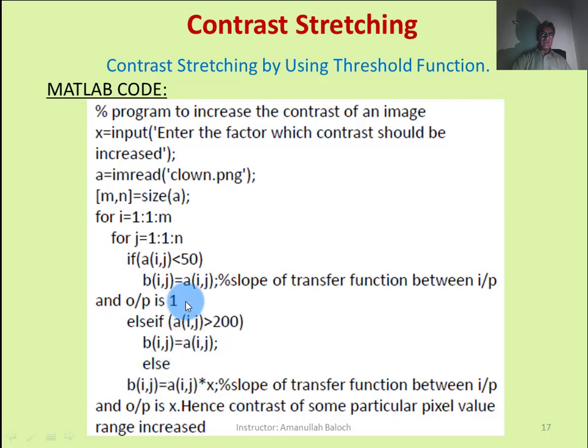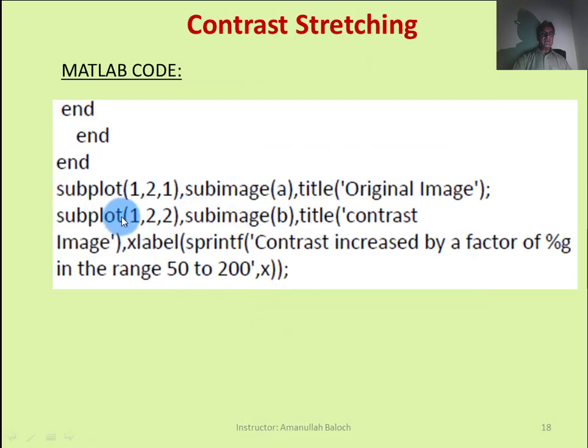Those values which are less than 50 and greater than 200 are multiplied with the factor x and stored in the corresponding B location pixel values. So when these two for loops finish their process, the original image has been transformed into the B location of the enhanced image, and we plot the subimages: 1, 2, 1 at one location and 1, 2, 2 at the second location.